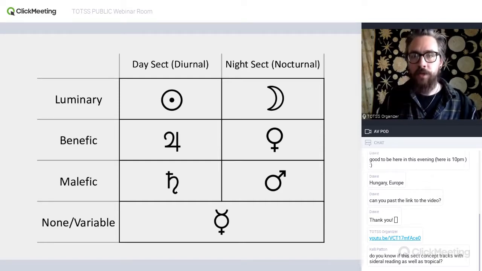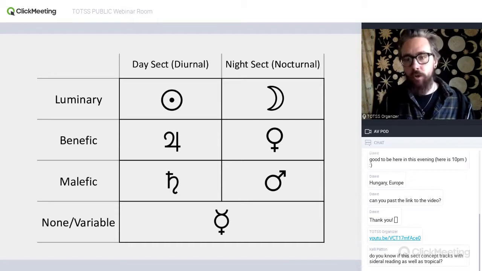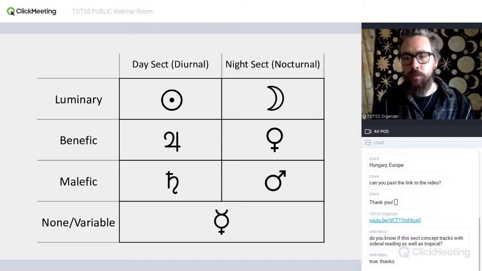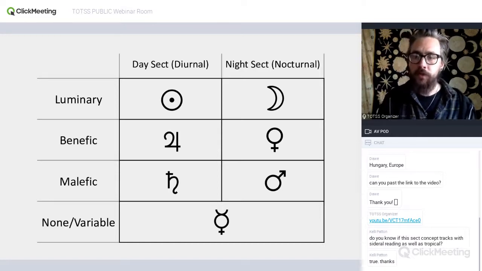If you're doing Western sidereal, I don't know, it's something you could experiment with, but Western sidereal astrology is very different than Western tropical astrology, and it's also very much from a modern point of view. So it's something you could experiment with, but certainly these concepts have been in the Indian tradition for a couple thousand years and are still used today.